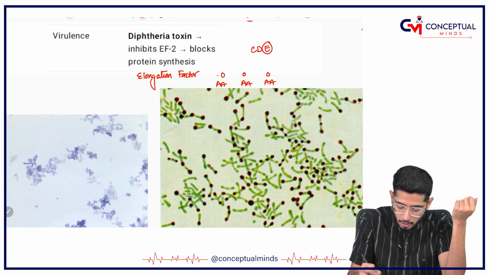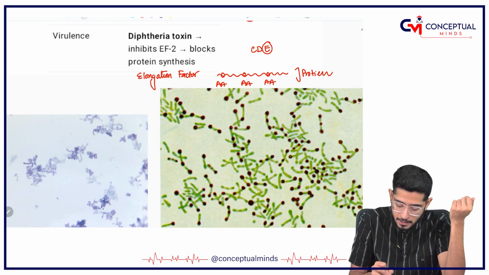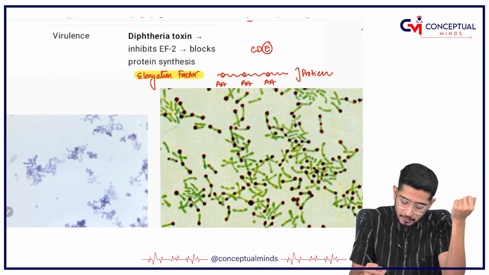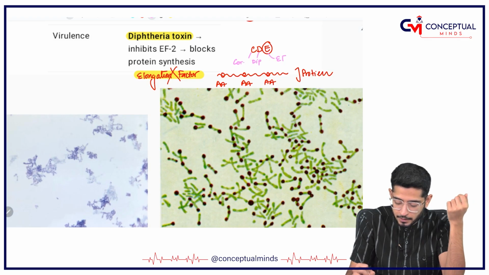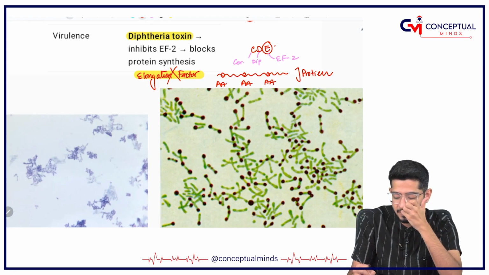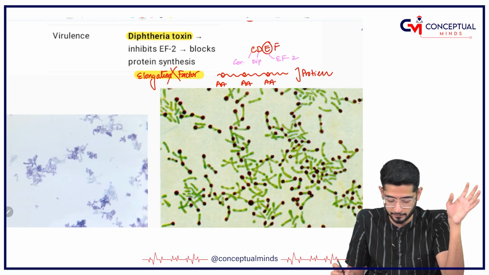In order to elongate the chain and become a protein, a factor is normally required, called elongation factor, but it is blocked by the diphtherial toxin. How to remember? Remember CDE: C for Corynebacterium, D for diphtheria blocks elongation factor 2. These are the letters of your alphabet, C, D, E, F.